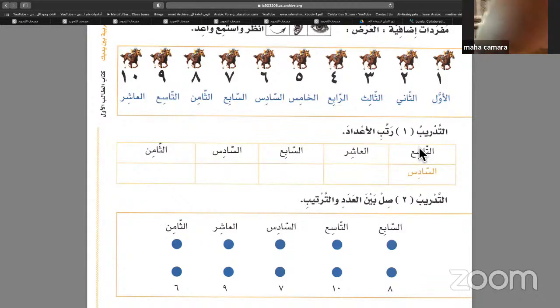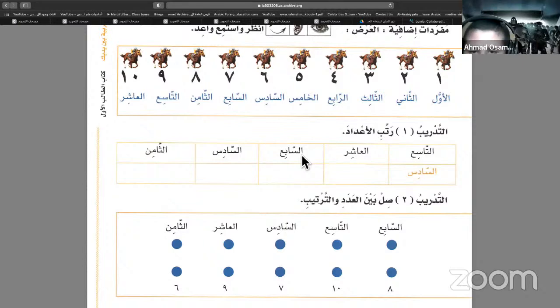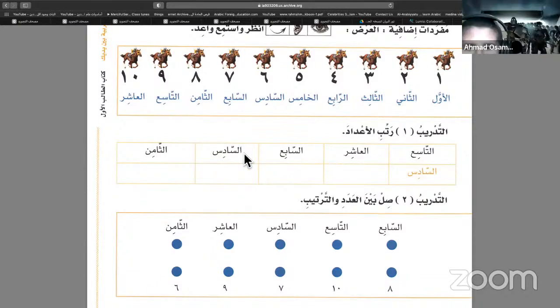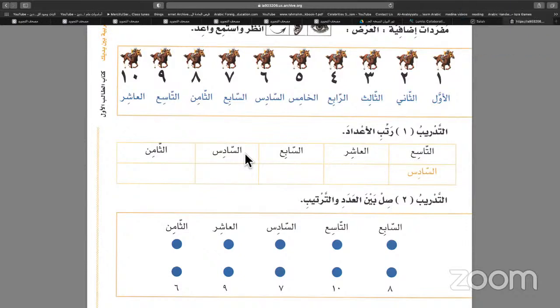The ninth. العاشر. السابع. The seventh. السادس. The sixth. الثامن.